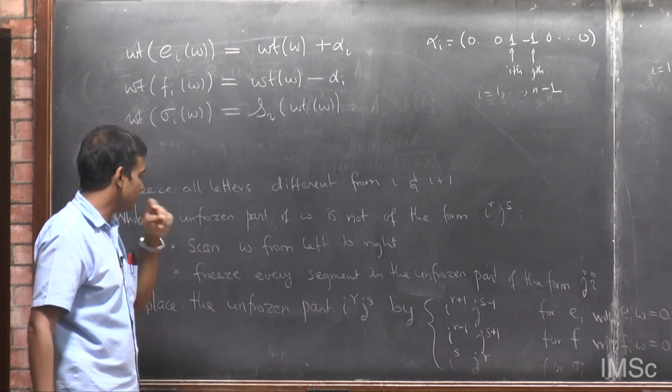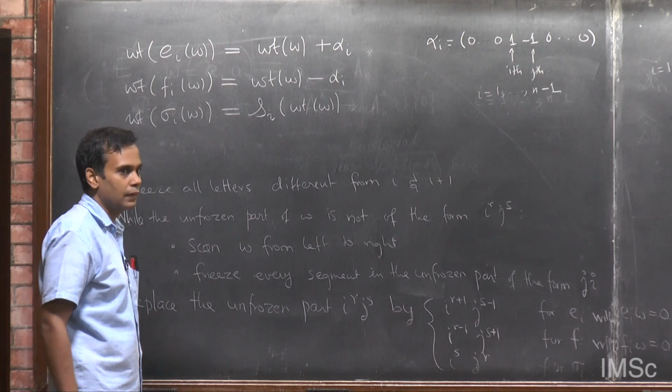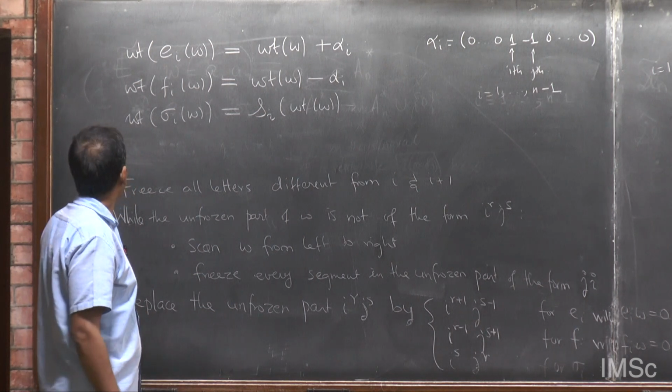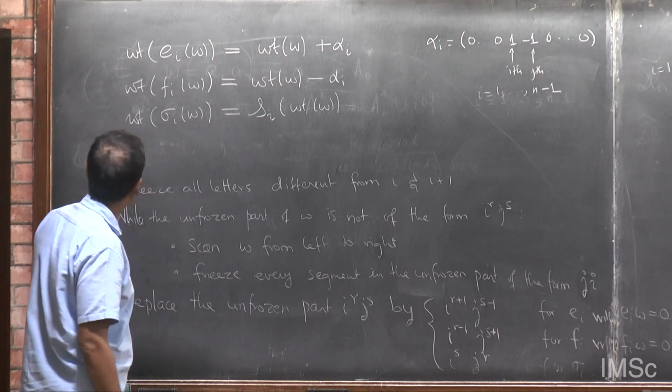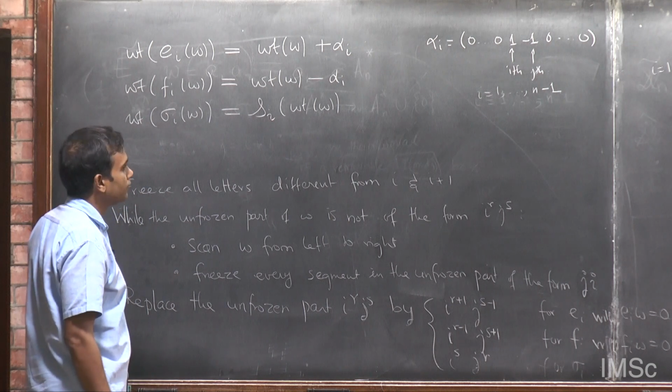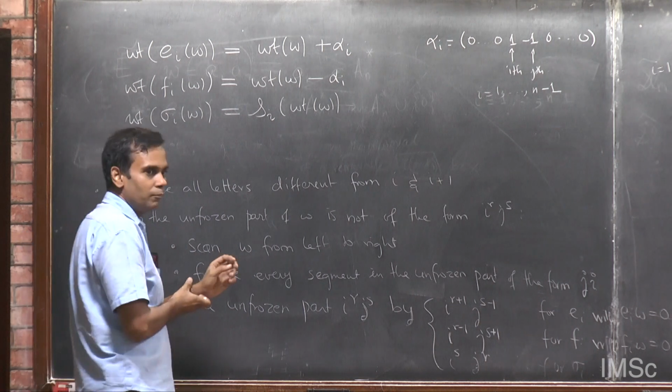It just interchanges the i and j. Okay, so let's just do an example of a crystal.